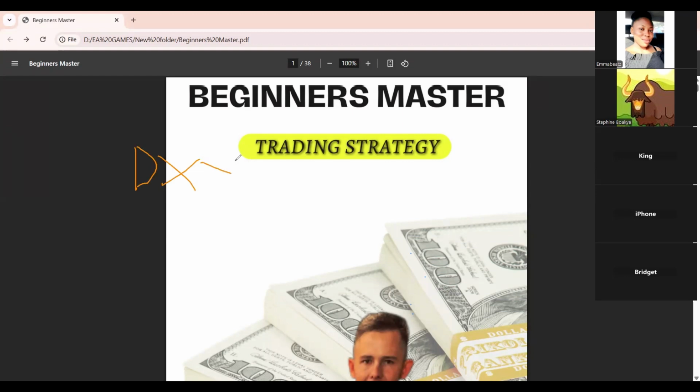If you see that the dollar index is strong or moving up, that means any pair that has the dollar at the bottom, let's say GBPUSD, EURUSD, like every XXX USD pair, is going to drop because the dollar is now strong.